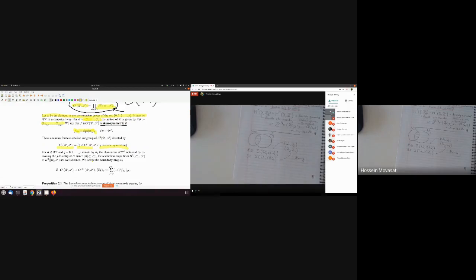This is the ingredient that we want to take to define Cech cohomology. Something else that we now need in order to define Cech cohomology.